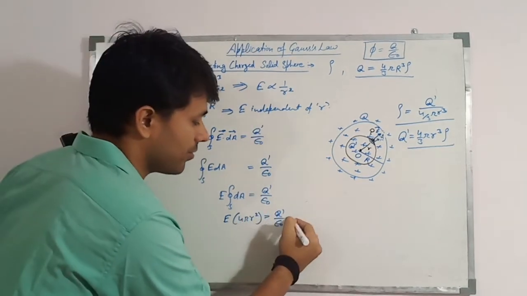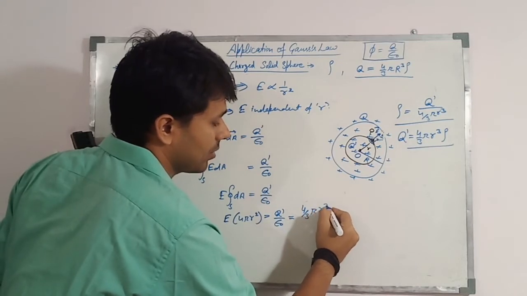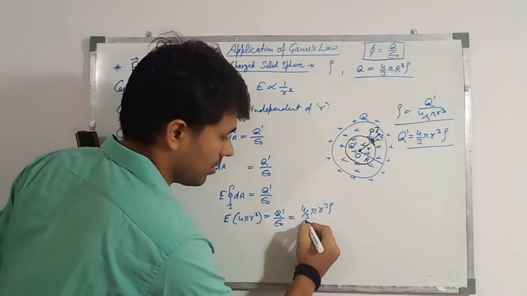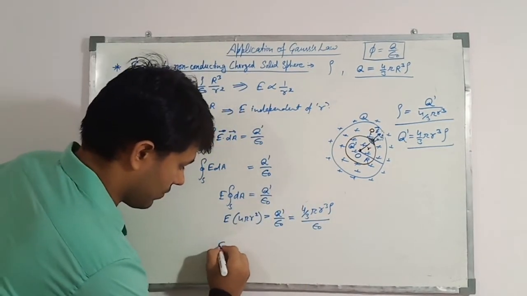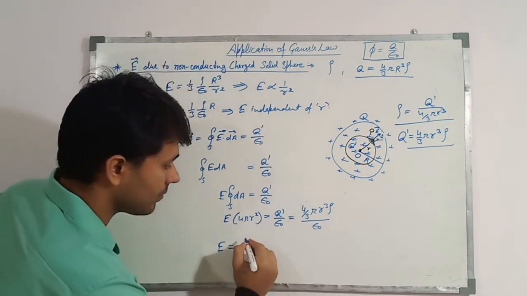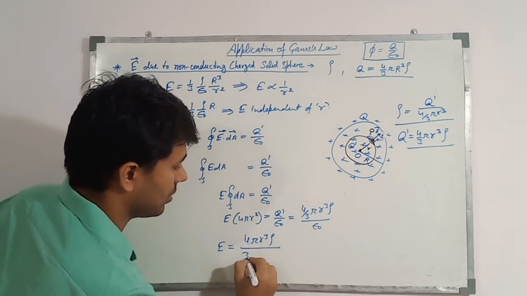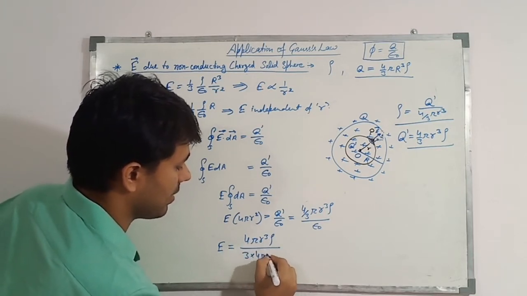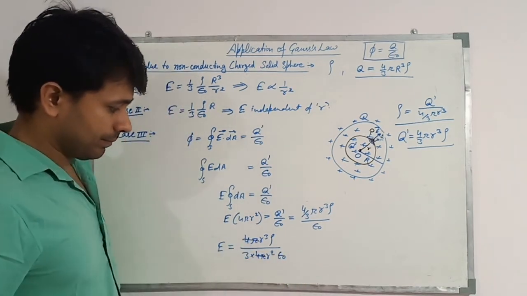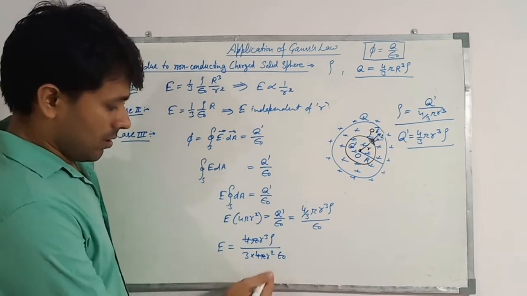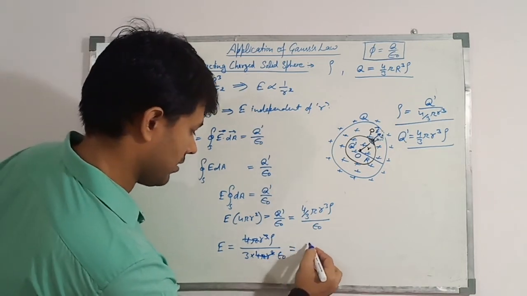We know the value of Q dash is 4 by 3 pi r cube rho, upon epsilon naught, right? Now from here, the electric field is 4 pi r cube rho upon 3 into 4 pi r square and epsilon naught. 4 pi cancels with 4 pi, r square cancels with r cube, so what do we get?